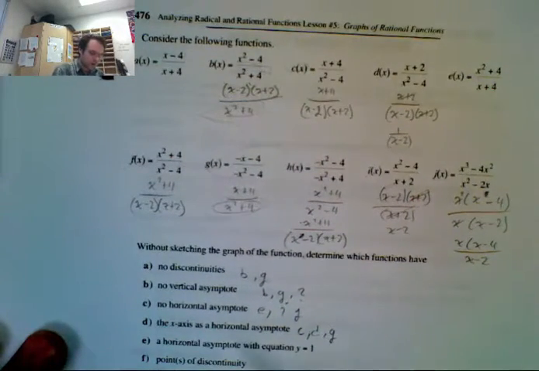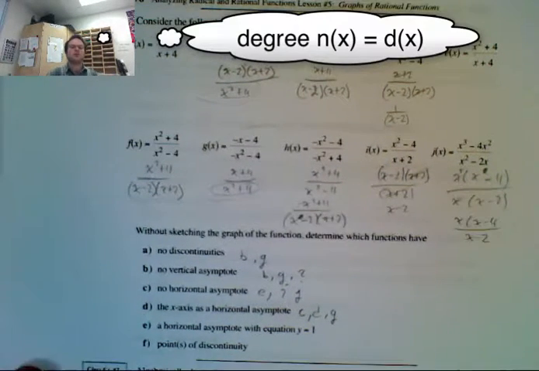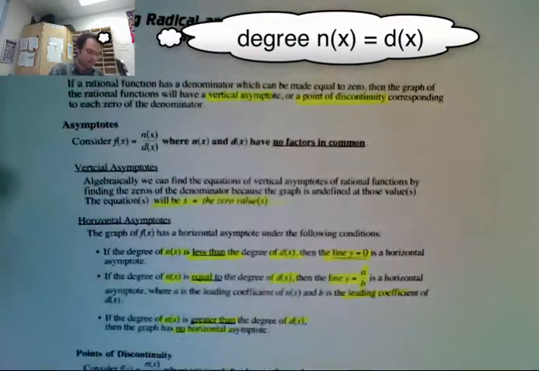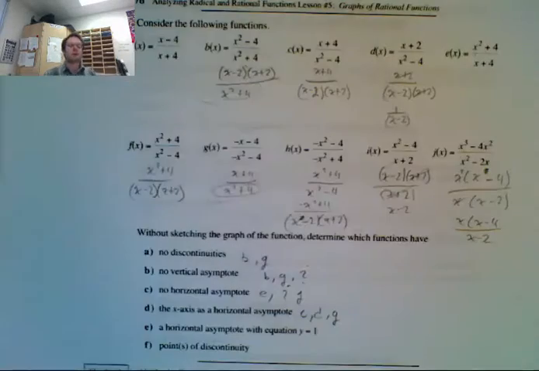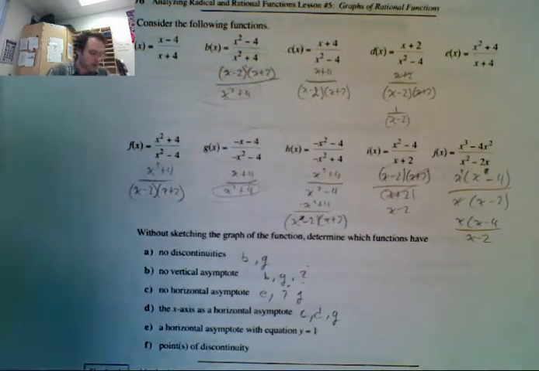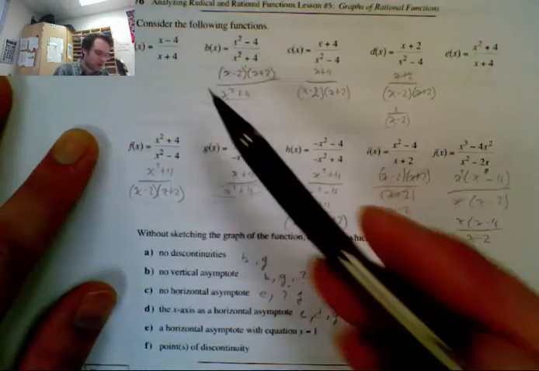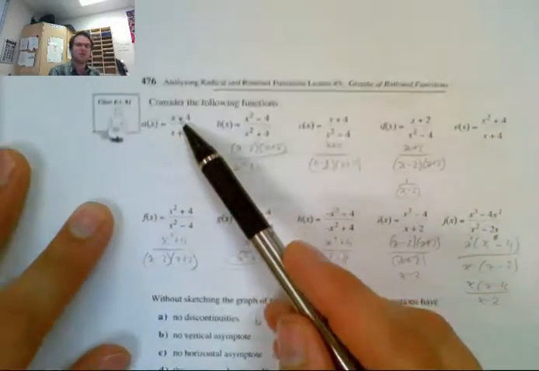Now it wants the horizontal asymptote for the equation y is equal to 1. In this case here, my numerator must be equal to my denominator in degree and my coefficients must be the same. So y is equal to 1. So I look at this here. We have A will work.